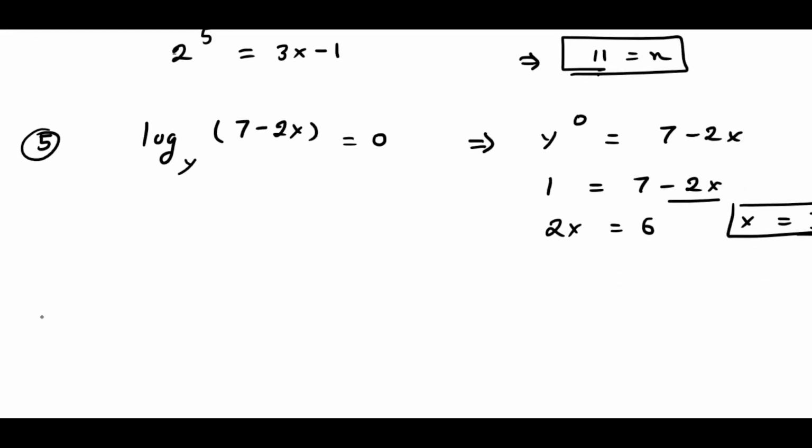Okay, now let us move to second category of problem. Question number 6. We have log 27 to the base 3. I have to find its value. What is its value?